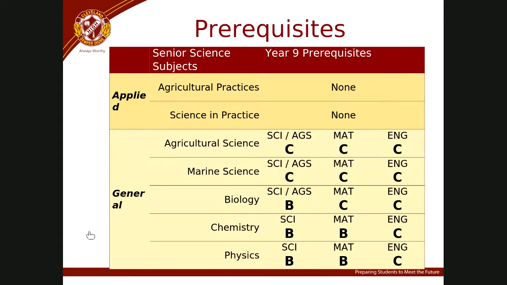Each of these general subjects has prerequisites in science, maths, and English, which recognises the numeracy and literacy elements of those subjects. Whereas science in practice and ag practices, as applied subjects, don't have specific prerequisites, but we do obviously want students to carefully consider whether those subjects are right for them.